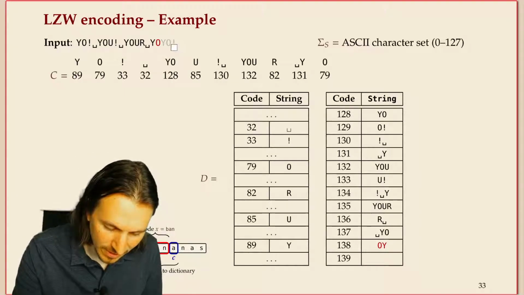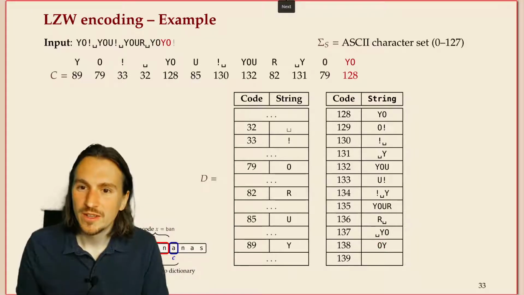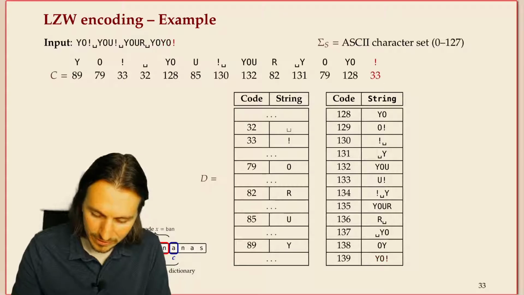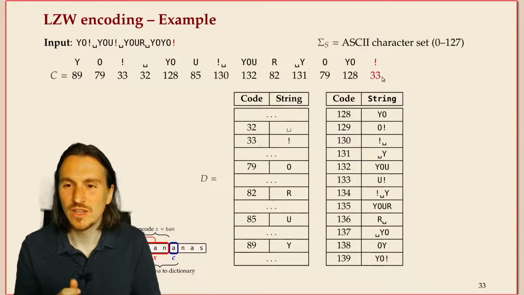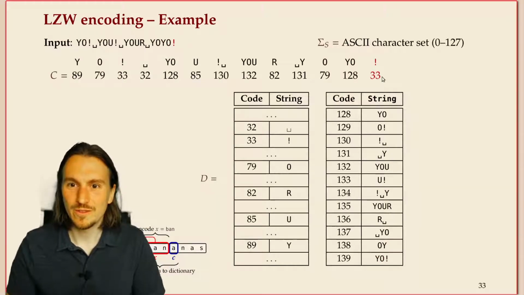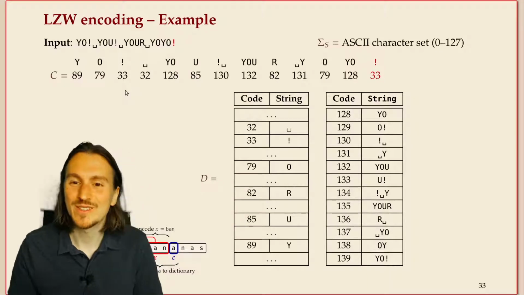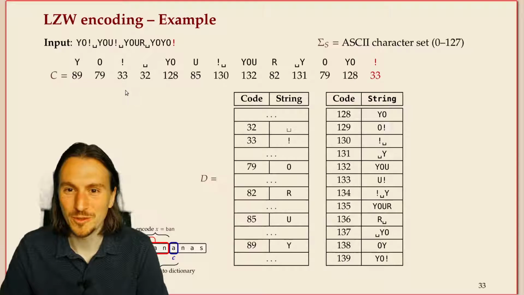So we've only got this one here, and we would add the other thing to the dictionary and finally encode the exclamation mark. So this is the final result. That's the encoded text for yo, you, your, yo, yo.